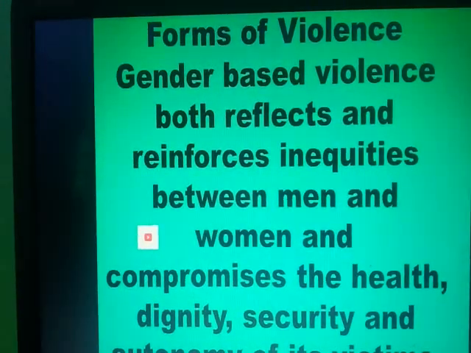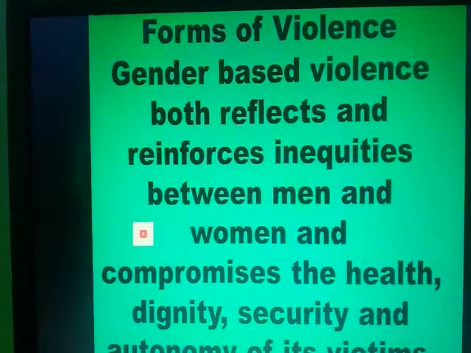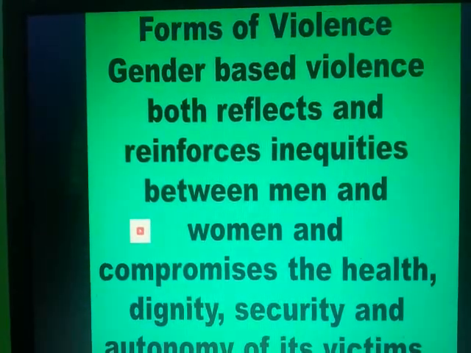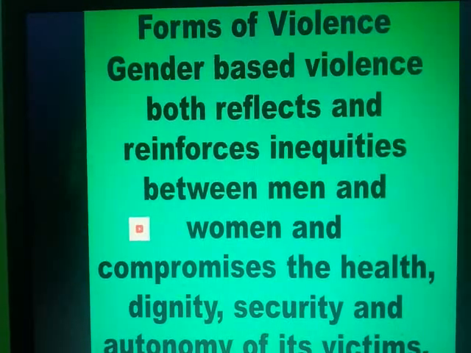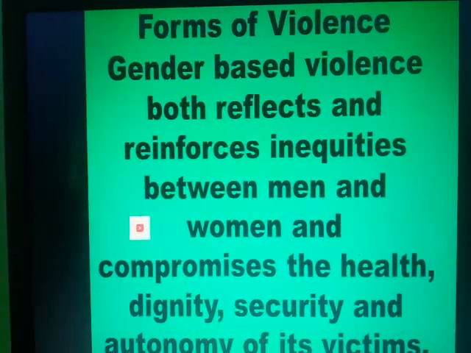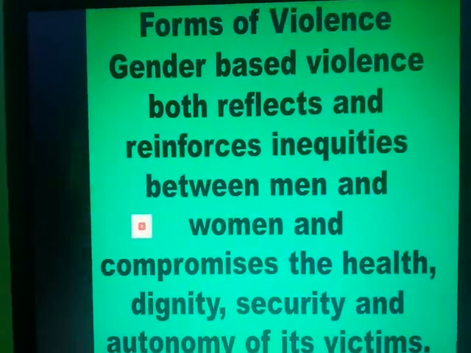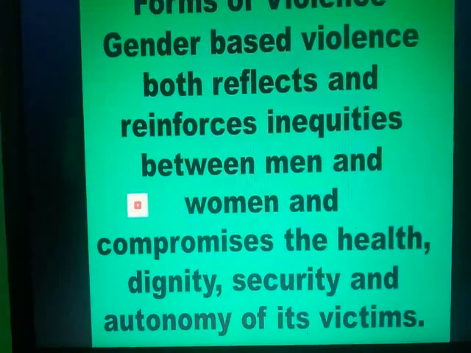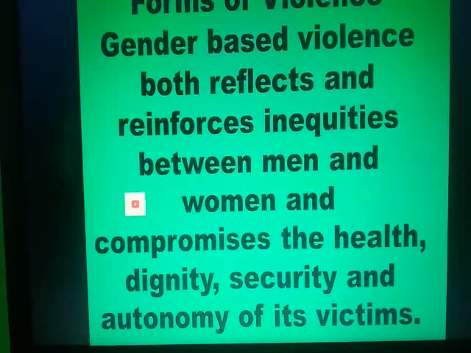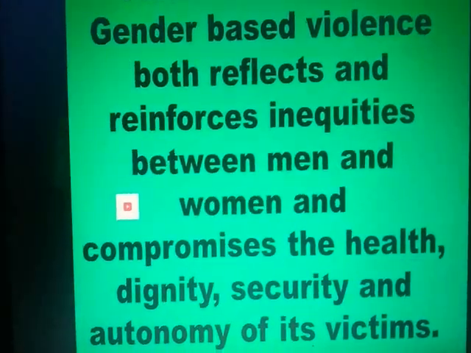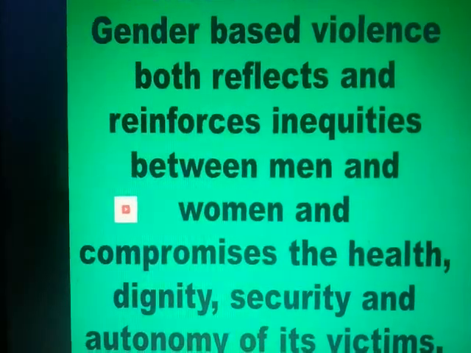Gender-based violence both reflects and reinforces inequities between men and women and compromises the health, dignity, security, and autonomy of its victims.